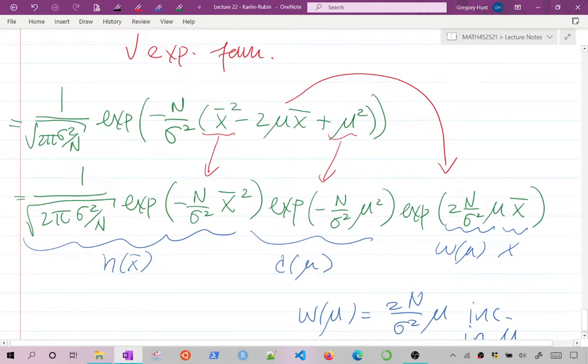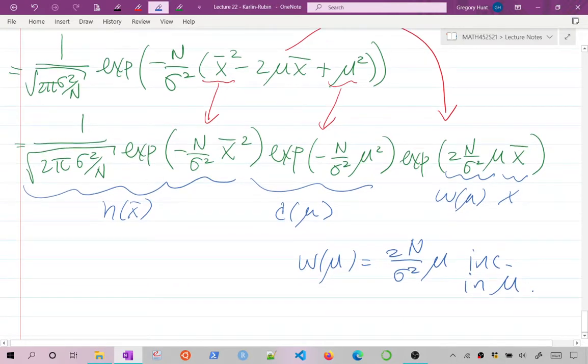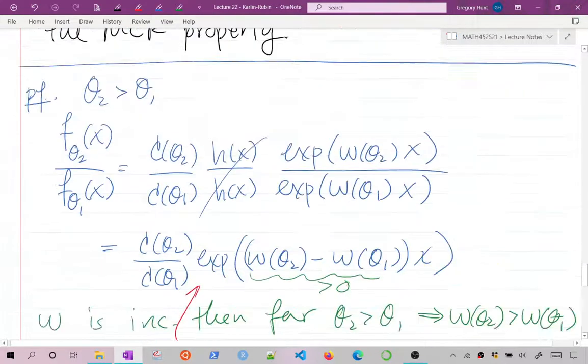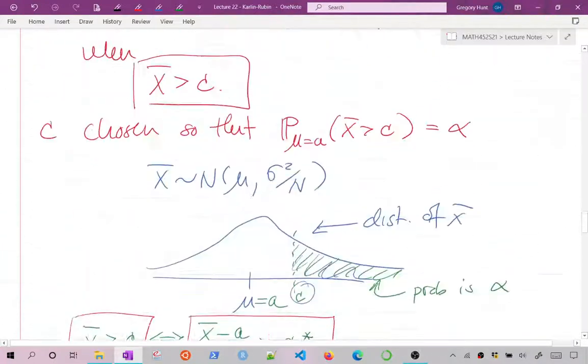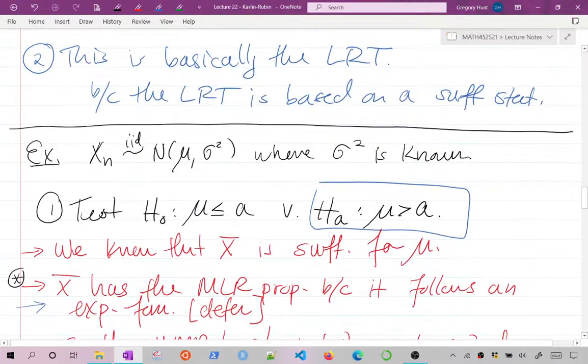Bob's your uncle, it all works out. So this w is increasing, therefore x bar, because it comes from an exponential family, has the MLR property. Therefore, we can invoke the Karlin-Rubin theorem. If we want to test this one-sided hypothesis, we can do that.